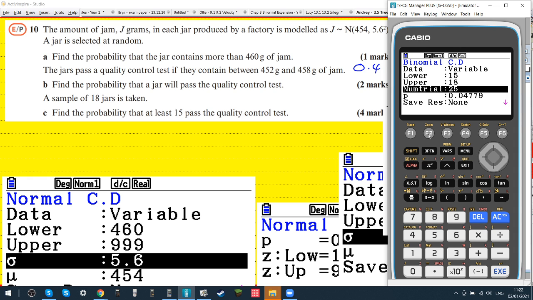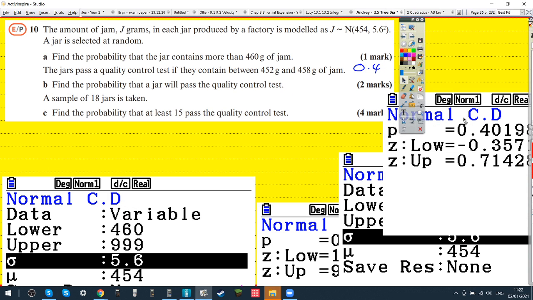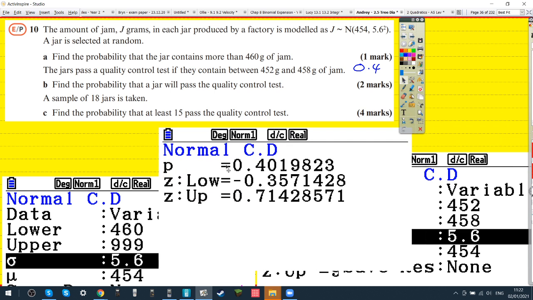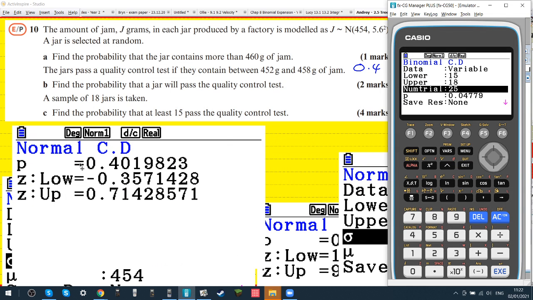So what were your things for this one? 15, 18, 18, and then 0.04779. No, that's just your previous answer from the previous question.